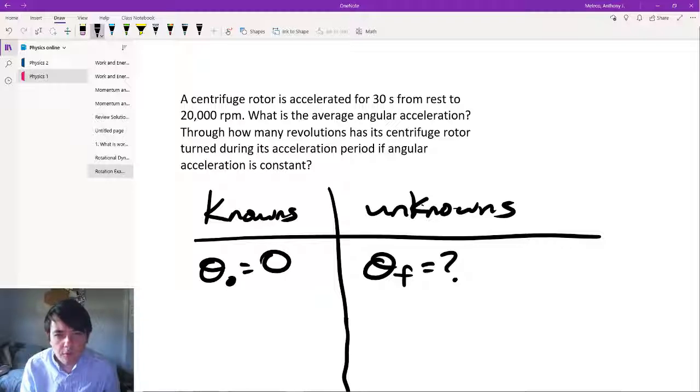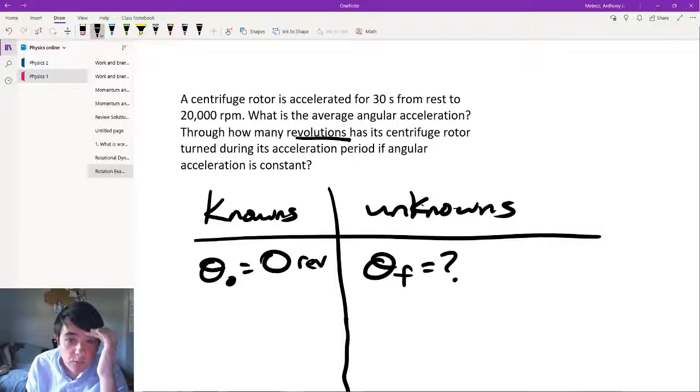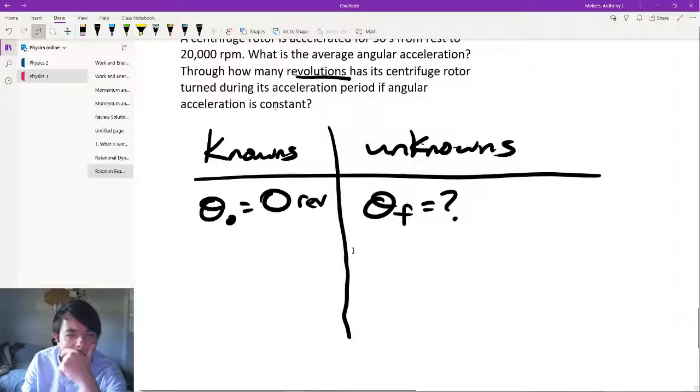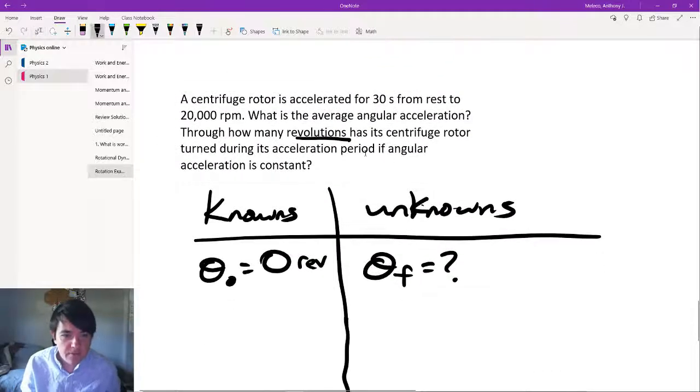We're going to have to go through a bunch of stuff, so because revolutions is listed, I'm going to write revolutions because that's how many we ultimately want. Angular velocity: we're starting at rest. I made that mistake before. I won't do it this time.